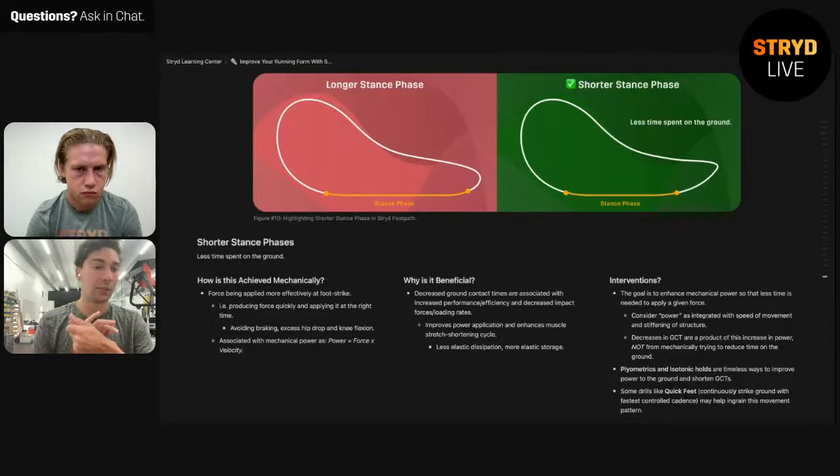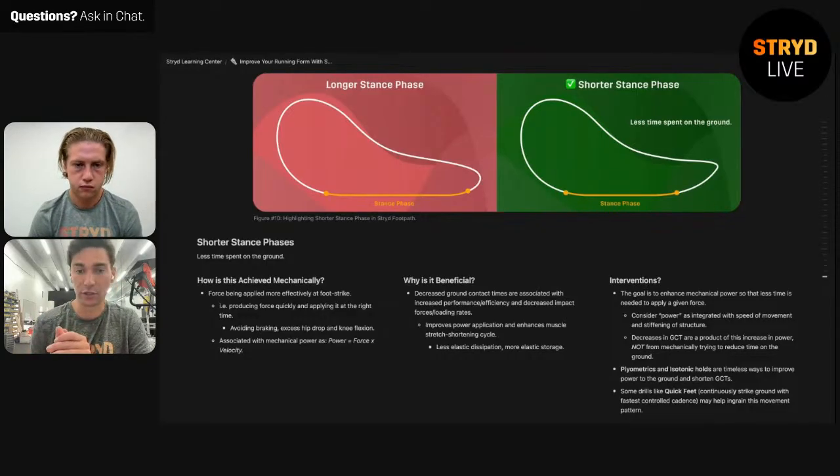So this is going to be plyometrics, which is basically pogos, bouncing up and down quickly, box jumps, things like that. And then isotonic holds, where the muscle is not shortening or lengthening, it's staying the same. For example, you could do a single leg press where you have enough weight on it that the leg press is not moving, but you're maximally pushing force on it. That's actually stressing the muscle more than it would be when it's lengthening and shortening. That's just an example of working on power generation.